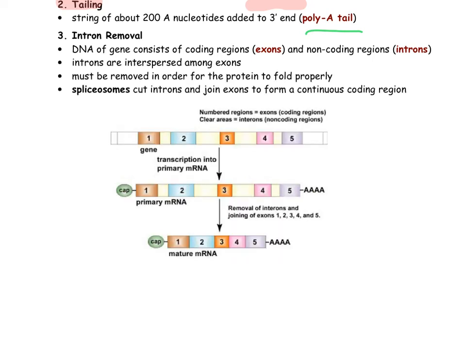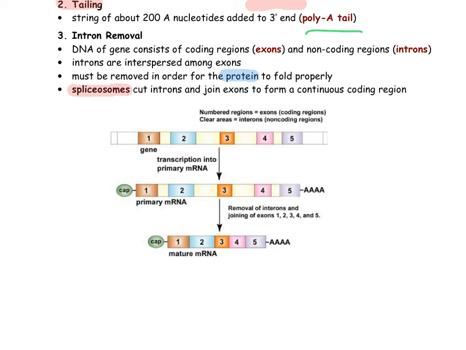Okay, so we have our introns that need to be removed, and that happens mostly because that protein needs to fold properly. We know that the positioning of the R groups of the amino acids, depending on where they are along that primary structure, will create different intermolecular interactions. Now, one of my favorite words in biology is the spliceosome. I just think that's a really funny name.